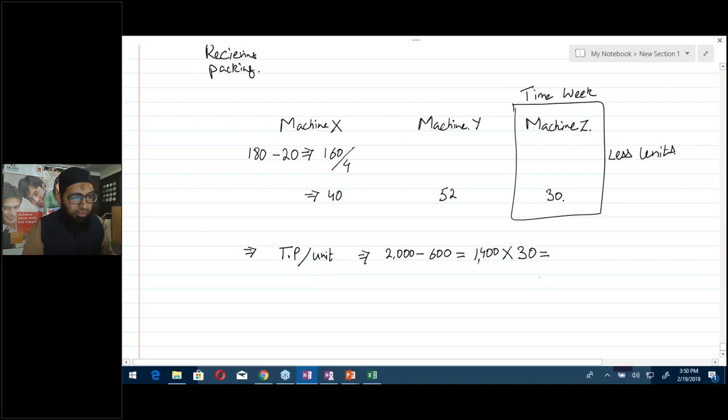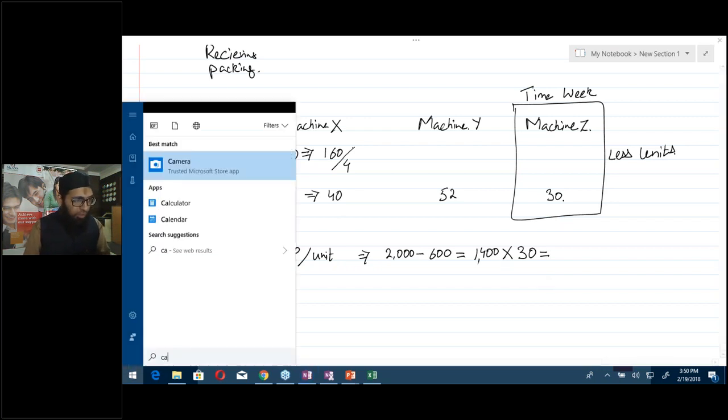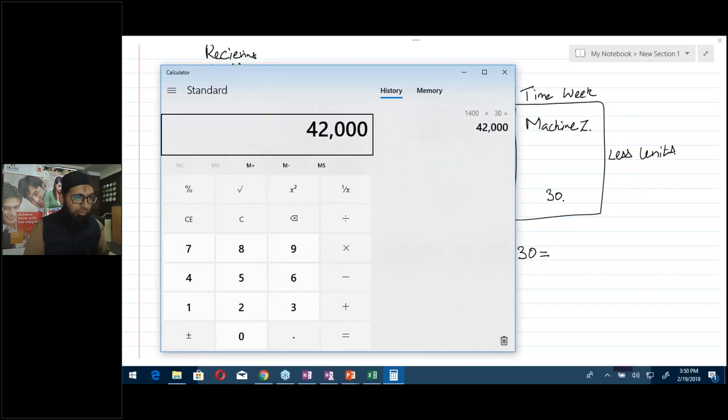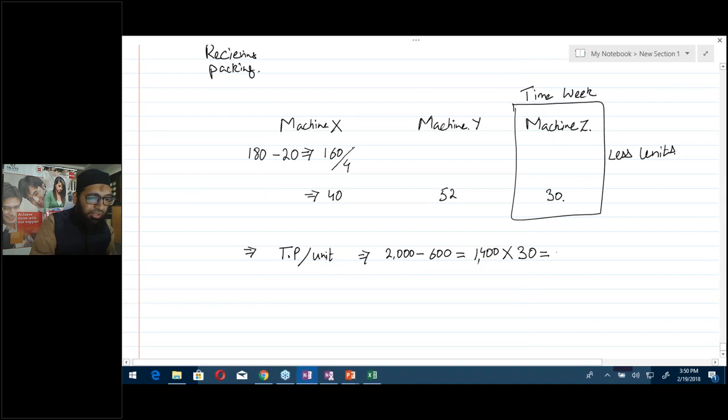That means in the whole week, my total throughput will be 1,400 into 30, which is 42,000. This 42,000 is throughput per week, and the time on key resource is week. Now we will calculate the conversion cost per week.